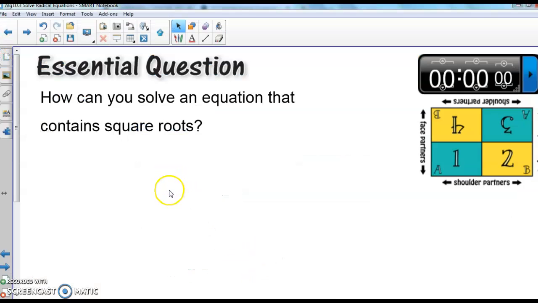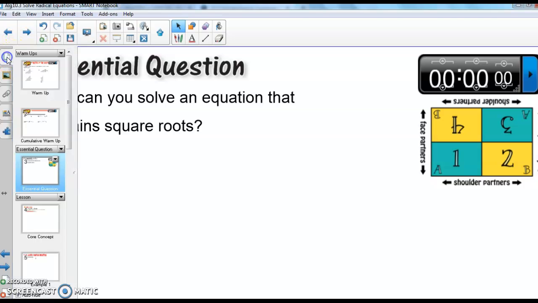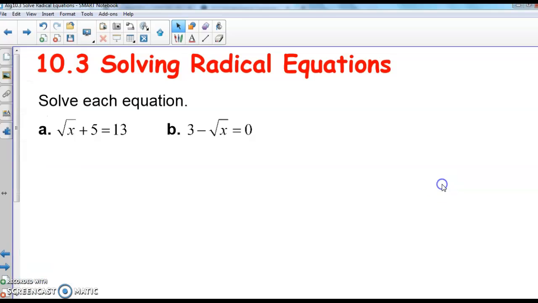Hopefully, by the end of this screencast, you will be able to solve an equation that contains square roots. So let's take a look at this. For letter A, first you have to isolate the radical, so you have to move the 5 over.